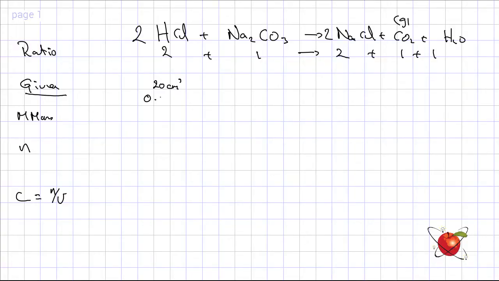It's a volume, so we divide by 1,000. That is 0.02 decimeters cubed. Now the next one, 25 centimeters cubed over here. Once again, we've got to change that to 0.025 decimeters cubed.